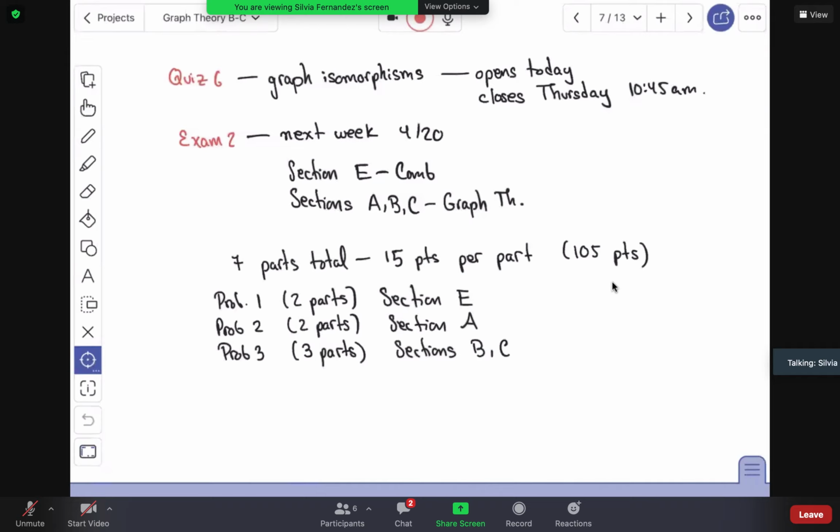B and C I think are doable, but Section E and A, I think we went kind of fast, so I was having a hard time catching up. Having a specific guideline would be really helpful for preparing for the exam.